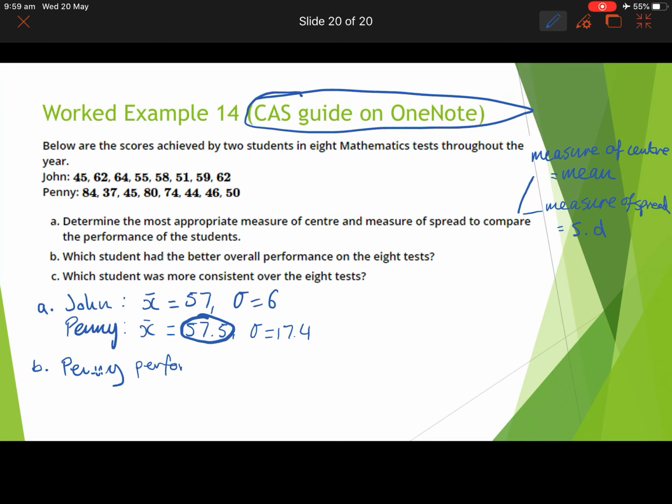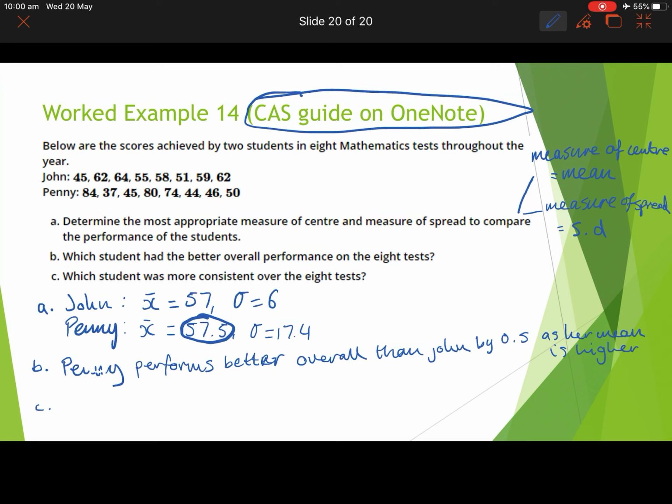So you say that Penny performs better overall than John by 0.5. You don't even have to say that. You can just say Penny performs slightly better overall than John, because her mean is higher.